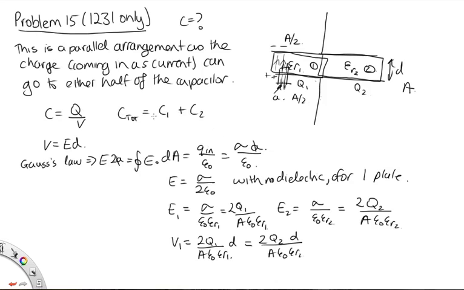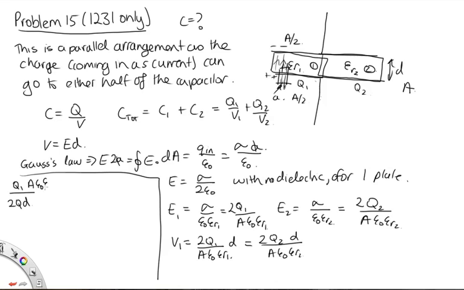Okay, so substituting this one into here, we end up with Q1 on V1 plus Q2 on V2. We're running out of space a little bit, but let's substitute this V1 and this V2 into this formula here. So now we're substituting into Q1 on V1. So we've got Q1, now V1, we've got 2Q1D, and then the denominator ends up the top, A epsilon naught epsilon R1, plus Q2 on V2.